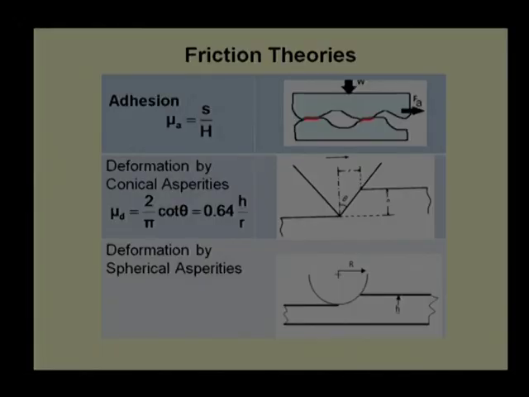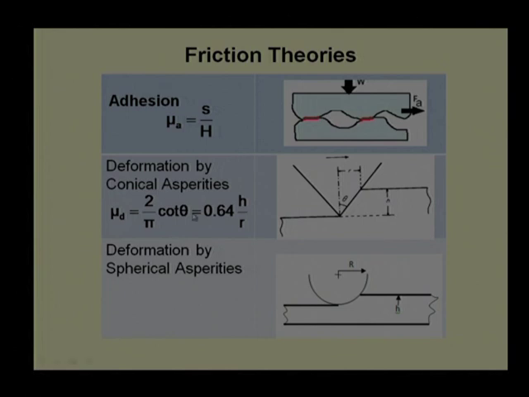Then we developed a mathematical relation for friction by deformation caused by conical asperity, and we developed the relation as 2 by pi into cot theta. It is a very sensitive relation, and here theta is the half angle of the cone.